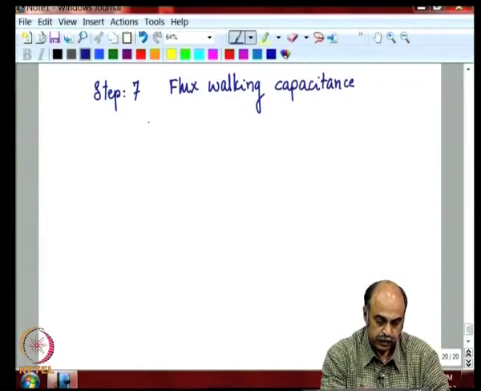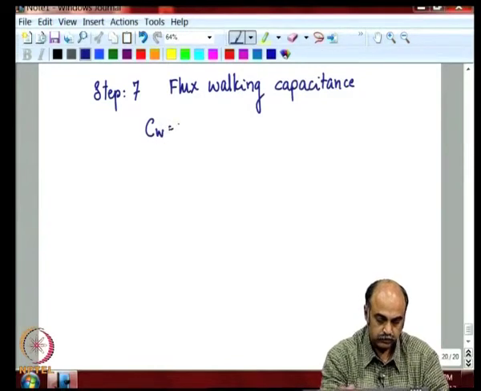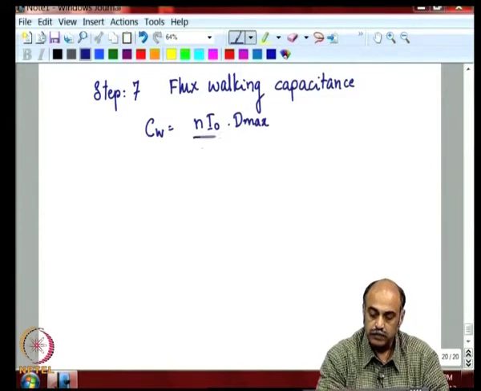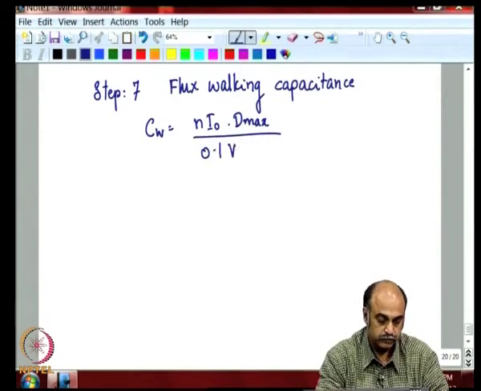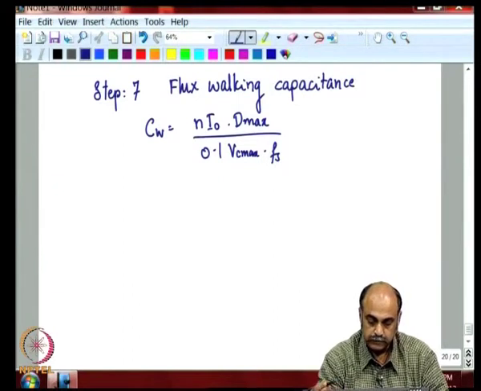So, the flux walking capacitor can be designed by allowing some 10% drop across it, and this.